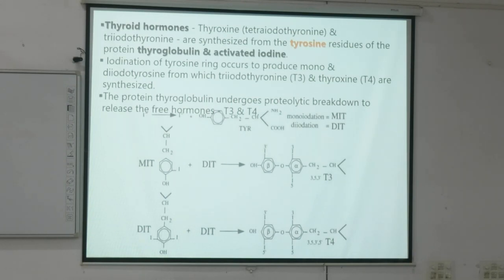When the stimulation comes, this tetraiodothyronine will give you T4, and this T4 will be converted to T3 at the tissue level. So tyrosine is also the precursor for the thyroid hormones in the body.